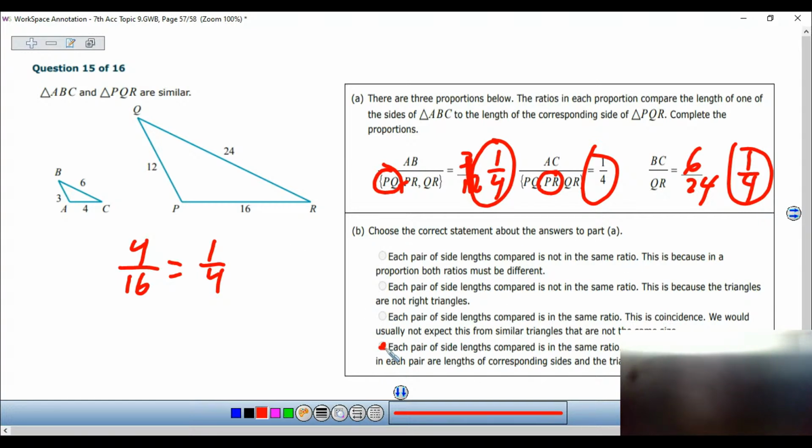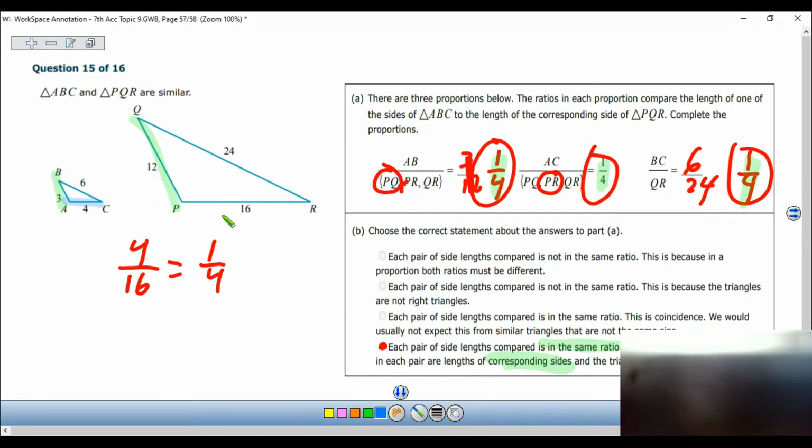It's going to be this one. Each pair of side lengths, I'm going to highlight the important stuff here. Each pair of side lengths compared is in the same ratio, meaning it's 1/4, 1/4, and 1/4. This is because the side lengths in each pair are corresponding sides, meaning this side corresponds to this side, and so on and so forth.